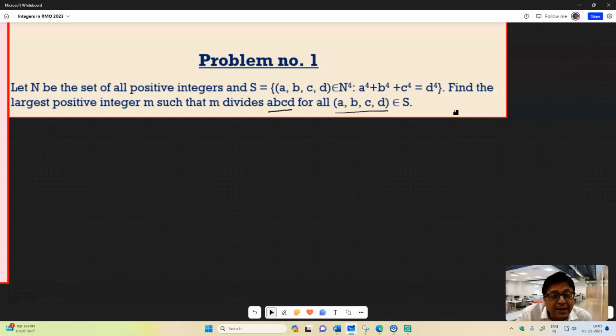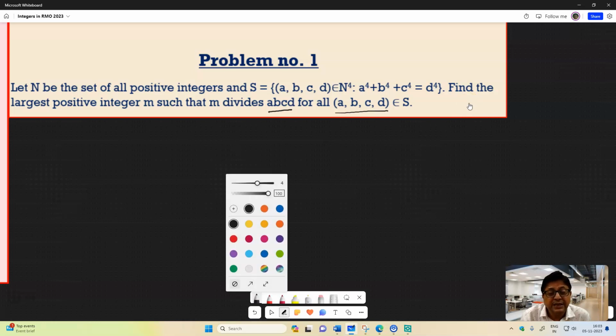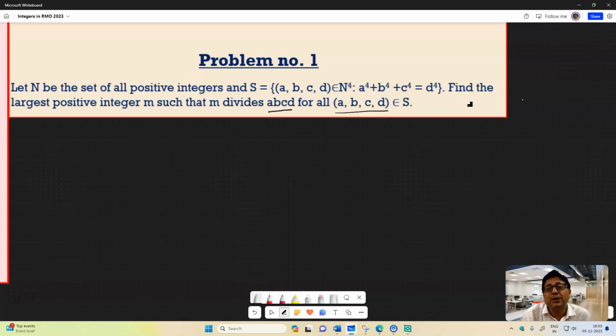So let us try with the simplest values of A, B, C, D. A little bit of idea of integers will tell us to get the minimum value of A, B, C, D. If we take integers in this form, say 1, 2, 2, then 1 square, 2 square, 2 square is 9, which is 3 square.